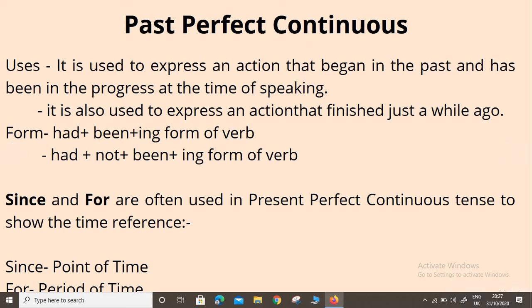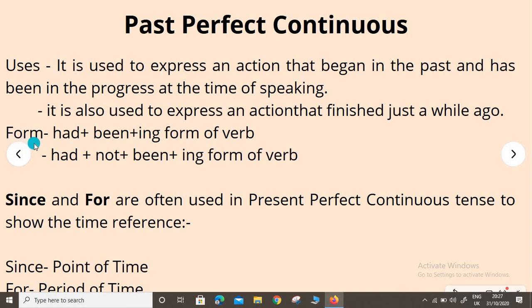Now, past perfect continuous tense expresses an action that began in the past and has been in progress at the time of speaking. That means the action started in the past, but it is still continuing at the time of speaking. It is also used to express an action that finished just a while ago.